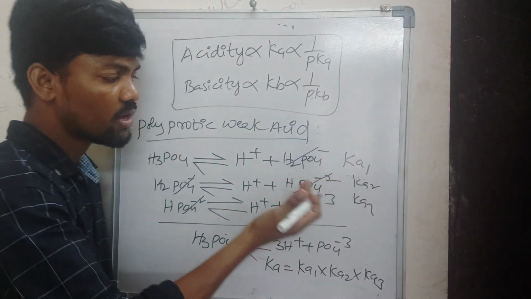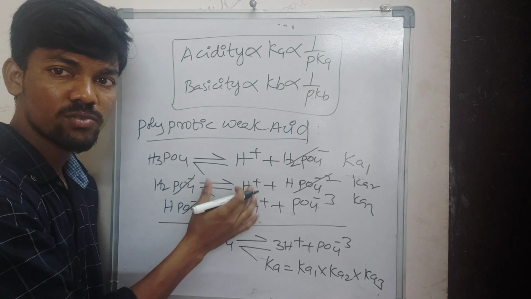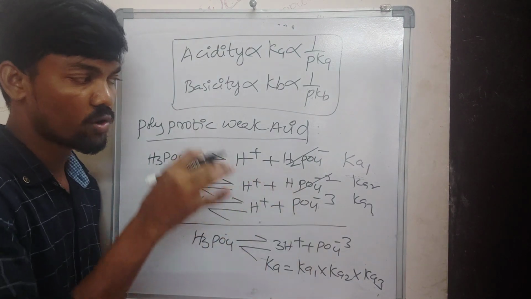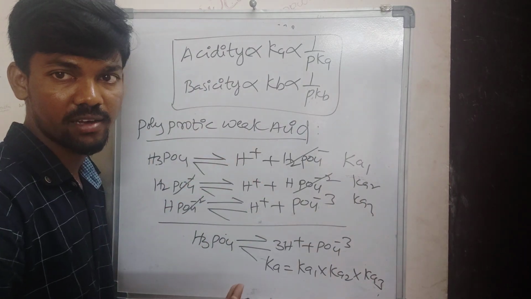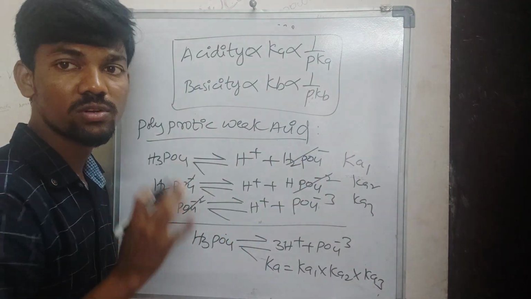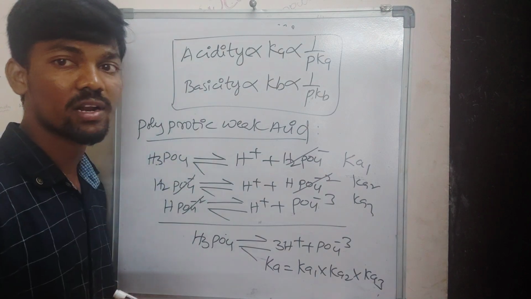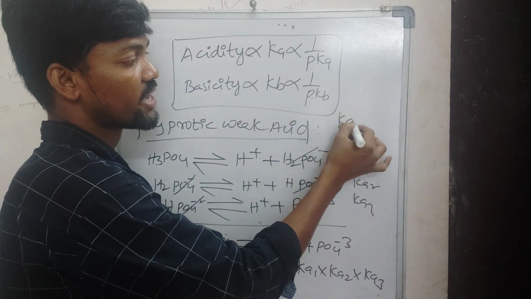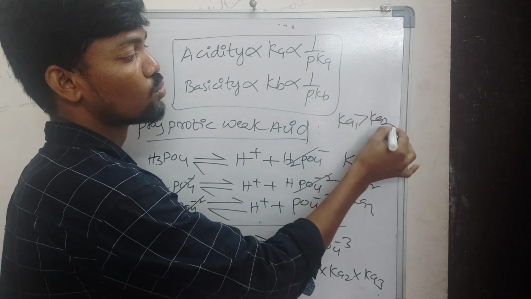If one is removed, then the next hydrogen will be given with some difficulty, not easily. So the first step is the stronger acid, almost equal to the overall acid. So Ka1 is greater than Ka2.